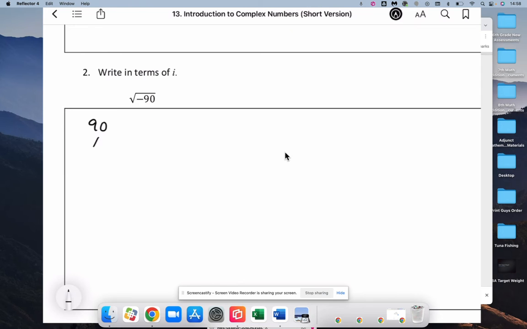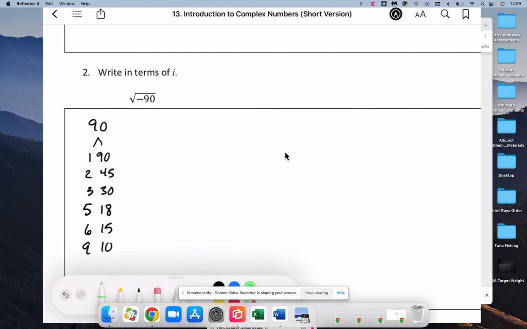We've got 90, 1 and 90, 2 and 45, 3 and 30, 4 and, nope, 4 doesn't work, 5 and 18, 6 and 15, 7, no, 8, no, 9 and 10. And so we will find our largest perfect square. Looks like our largest perfect square is 9, and so the pair that we will use is 9 and 10.